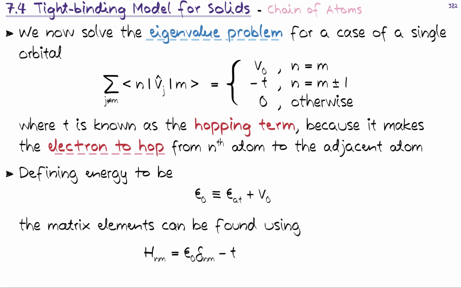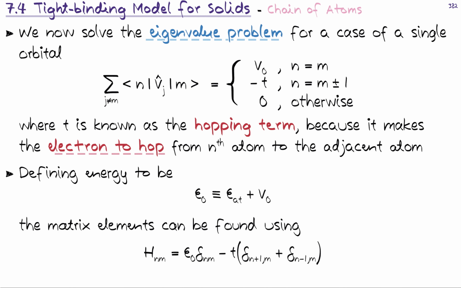And then we have the term arising from the hopping term, which will be non-zero when m is equal to n plus 1, or m is equal to n minus 1. This is essentially arising from the assumption that this is how our potential operator looks.